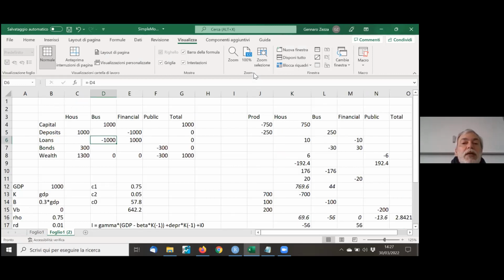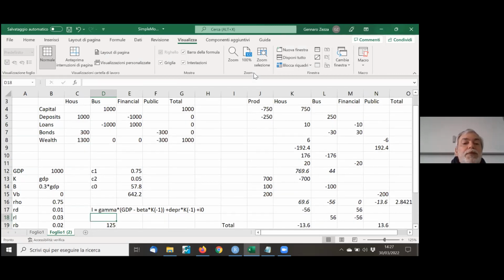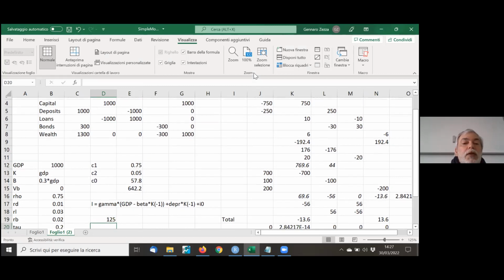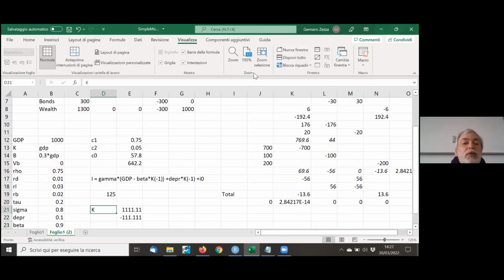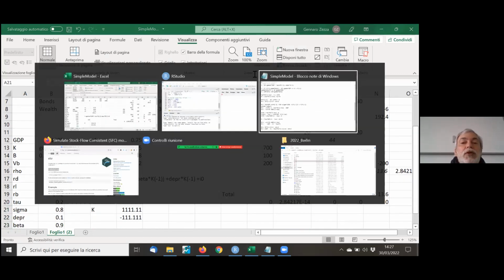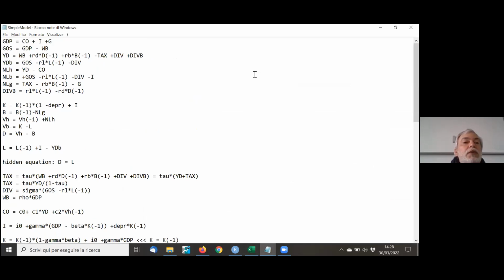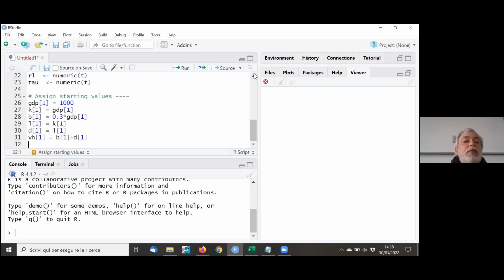Then we said that the wage bill is equal to what I think we called rho times GDP. So how do I define a parameter that is not going to change?